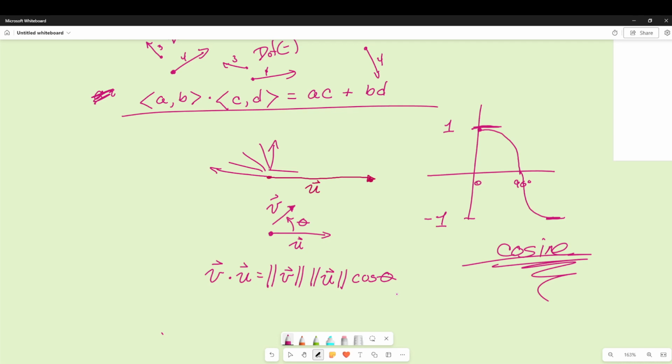So sometimes it's nice to find the dot product this way. If you have components, find the dot product this way: multiply like components, add them together, boom, you have a dot product.